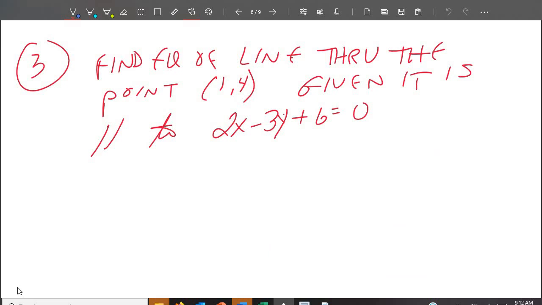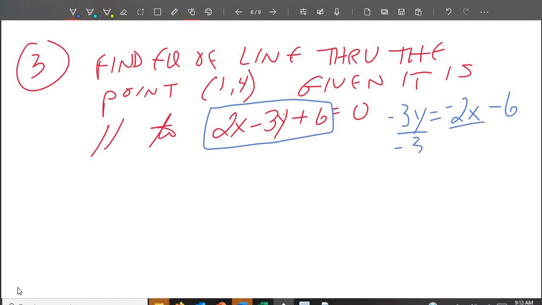Now this one's a little bit different. This is not in the proper form. If it's not y equals, you got to solve for y. So we got to go back to what we did previously by rewriting the equation to solve for y. We move the 2x over, and we move the 6 over.